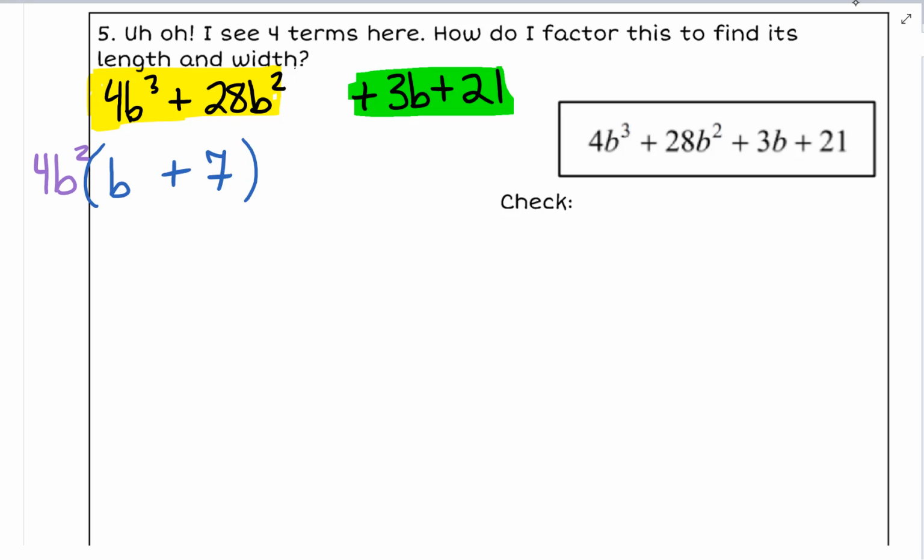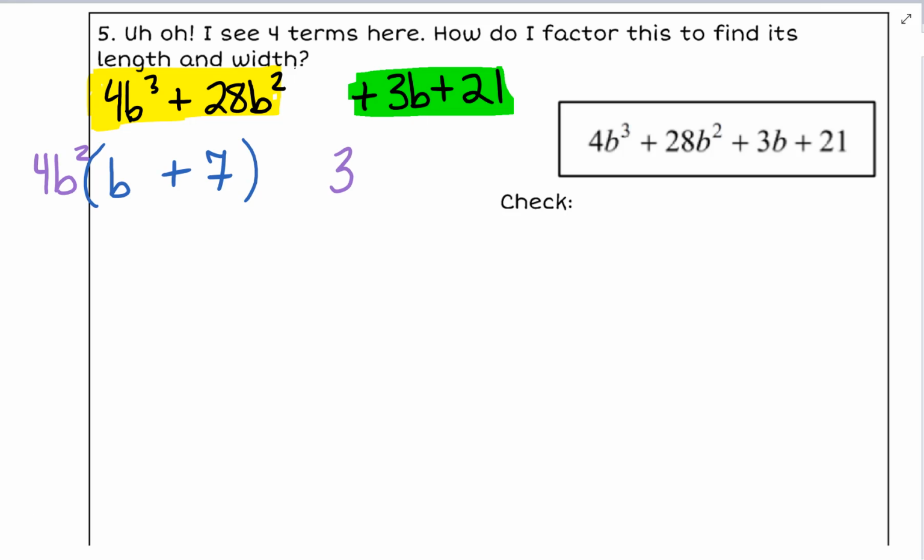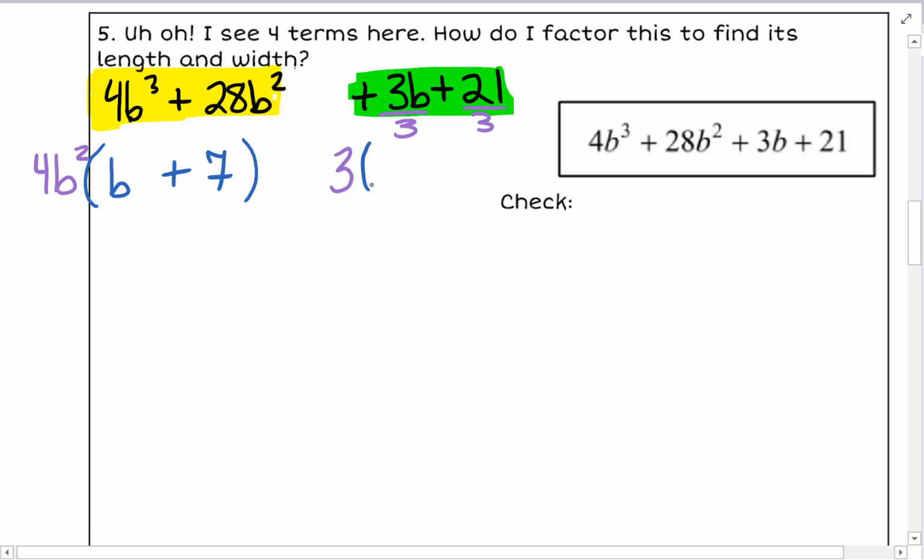All right, now we're going to factor the next group, 3b plus 21. What is the GCF of 3b and 21? Okay, after we factor out or divide each of these terms by the GCF of 3, I get 1 times b, and 21 divided by 3 is 7.